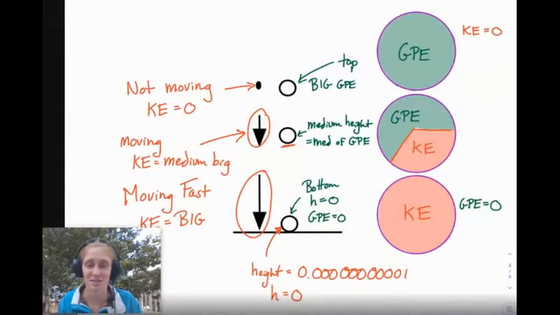When we talk about conservation of energy, we know that the amount of energy needs to stay the same. Well, in this case, we have all gravitational potential energy at the top. So if I had a total of 300 joules of energy in my system, then I need to have 300 joules of gravitational potential energy because there's nothing else there.